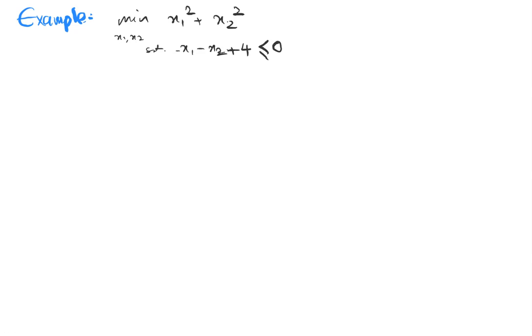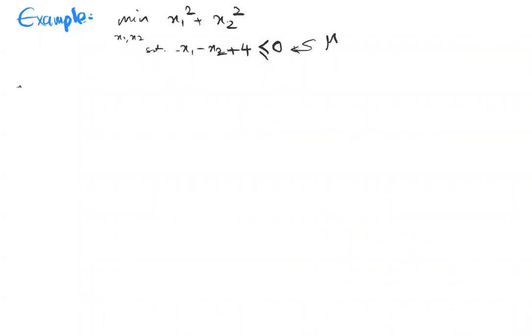Here is our example. Minimizing x1 squared plus x2 squared over x1, x2, subject to minus x1 minus x2 plus 4 less than or equal to 0. At the first step, we define the Lagrange multiplier for this, which is mu.